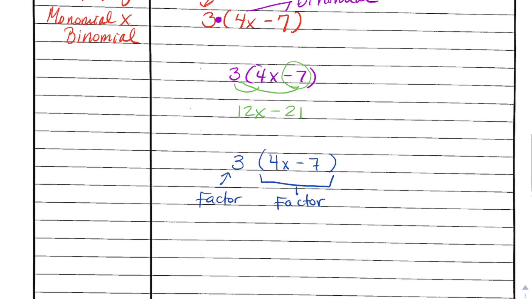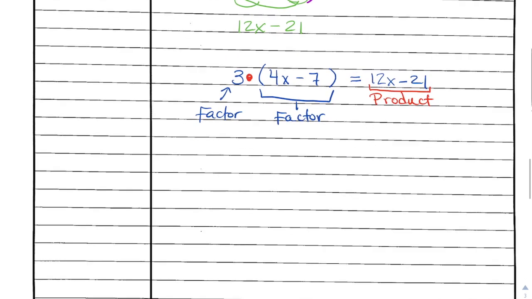And then the answer we get when we multiply it out, 12x minus 21, is actually our product. So this whole thing is our answer, or our product, to a multiplication problem. We multiplied these two things together, and our end result has 2 terms. It's a binomial as an answer.